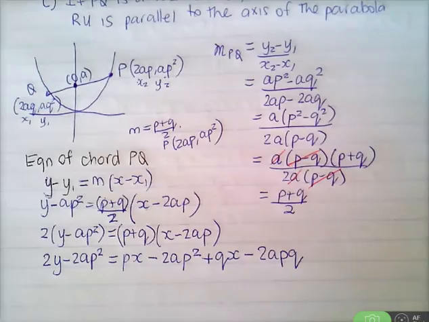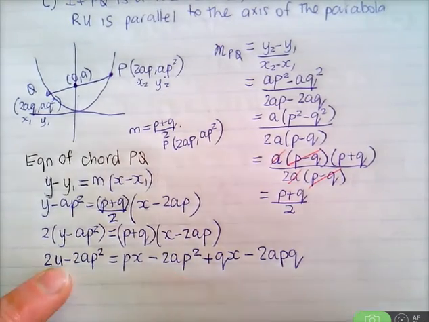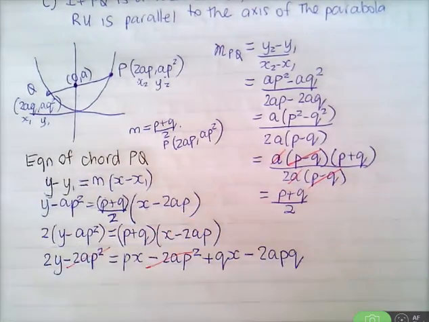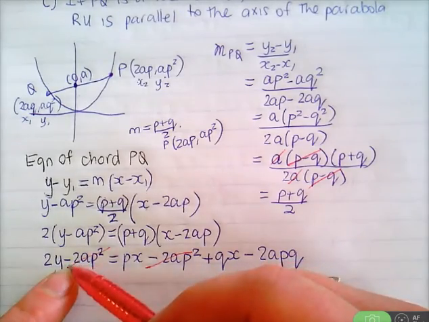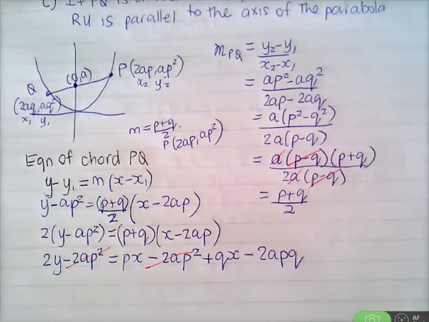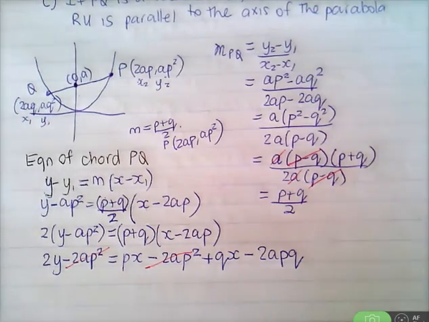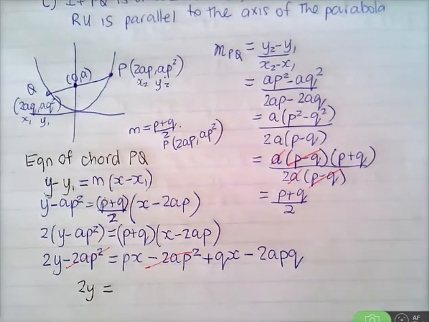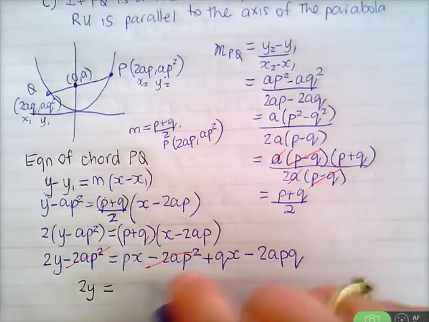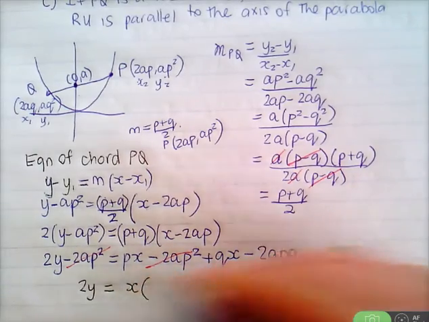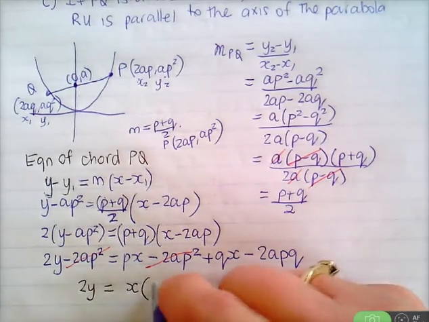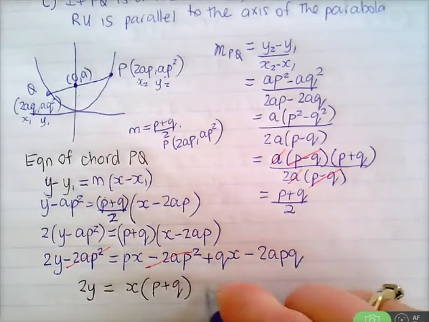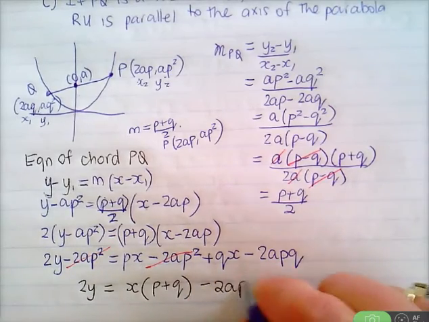Now, if you're just looking at it, these cancel, because if you take the minus 2AP squared to the other side, you get plus 2AP squared and they go. It's easier just to cancel there now, and you've got 2y equals Px. Oh, if you want, girls, x is a common factor here. What have you got? P plus Q minus 2APQ.